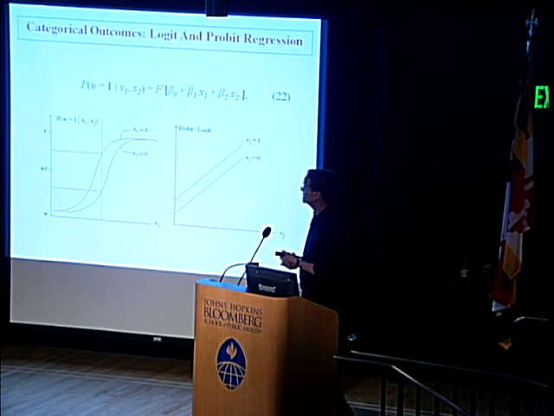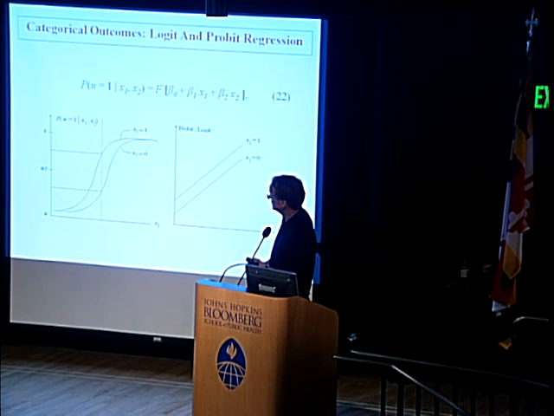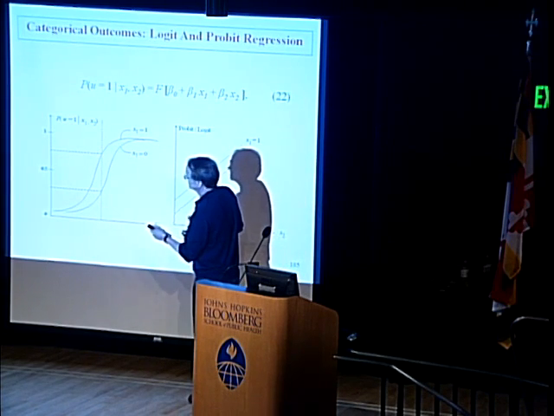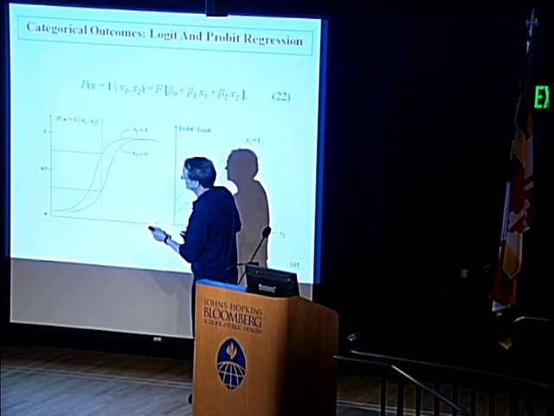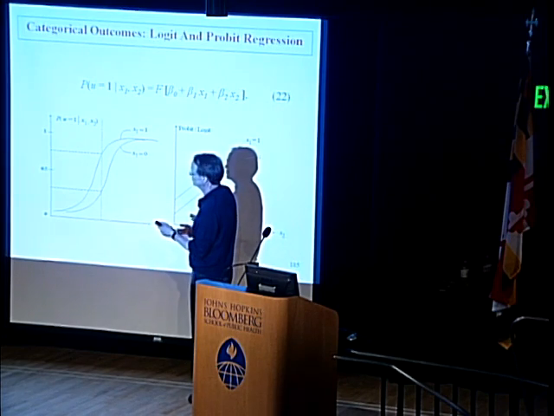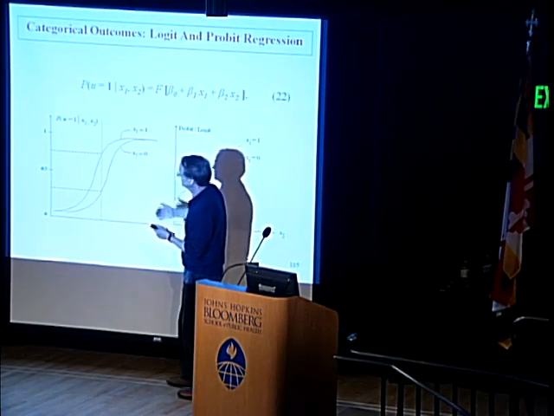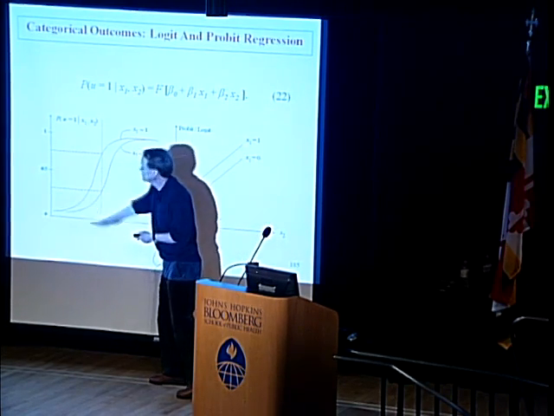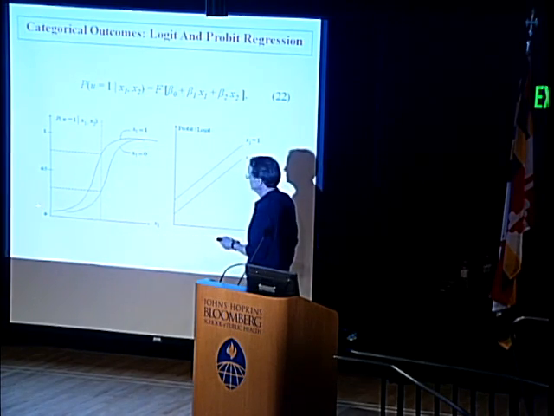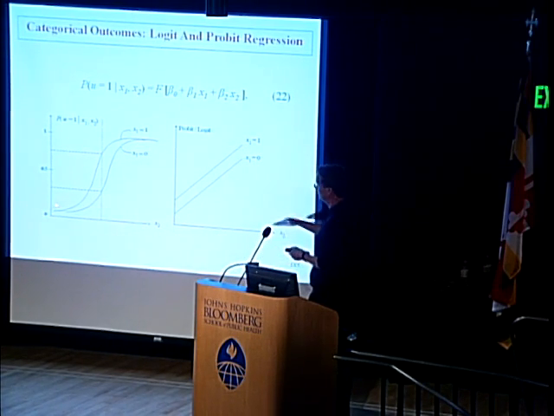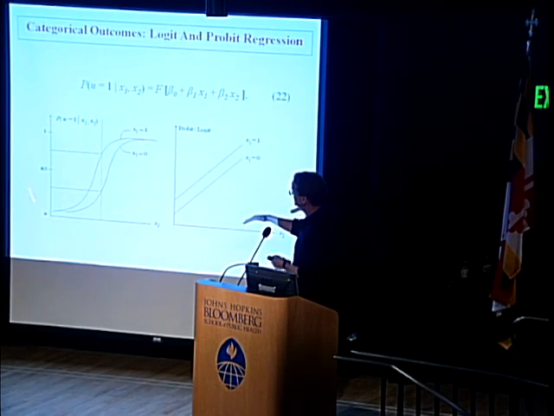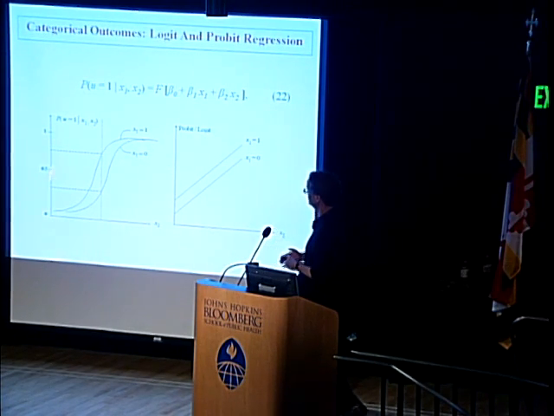So that looks very much like linear regression inside of the brackets, except we have a function f. And f is a function that turns that linear expression inside the bracket, the linear argument as it's called, into something nonlinear. And we want it to be nonlinear because we want to force the probability to lie between 0 and 1. Otherwise, it wouldn't be a probability.